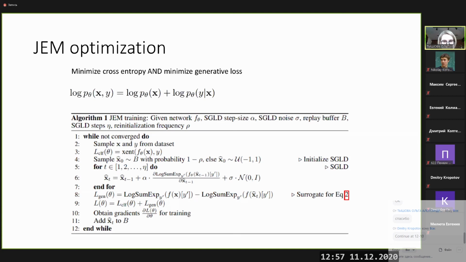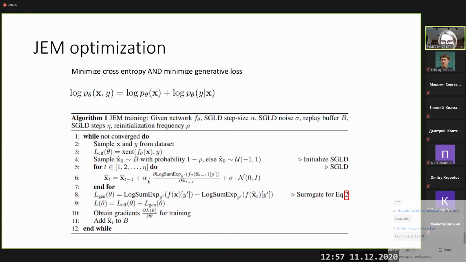One thing I would like to note is that the scheme presented here for the sampling and the updates of x is a little bit different from the standard Langevin scheme. The difference is in the variance of our random variable epsilon. Here the variance of epsilon is equal to sigma, and the learning rate is equal to alpha.